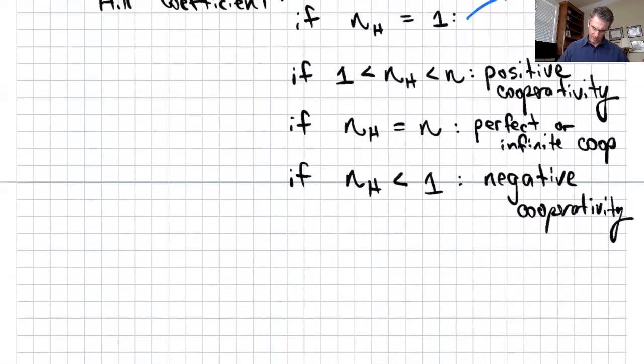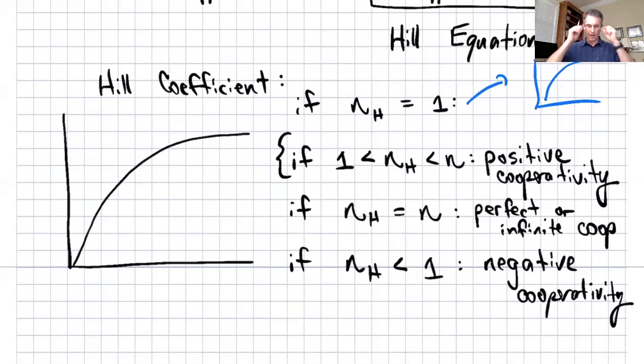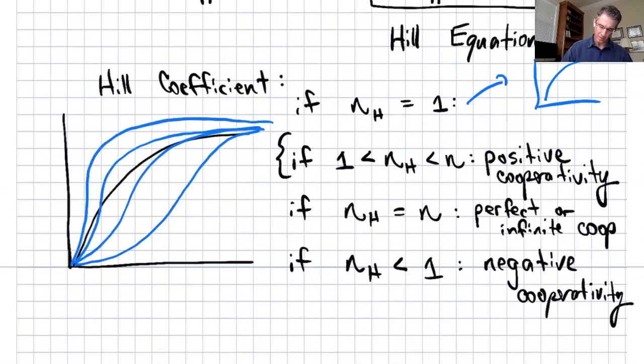If you think about what those plots would look like, a non-cooperative system is of course going to have that simple hyperbolic curve, whereas a cooperative system is going to start showing those nonlinearities. It's going to start doing stuff like this. And the more cooperative the system, the steeper that nonlinearity.